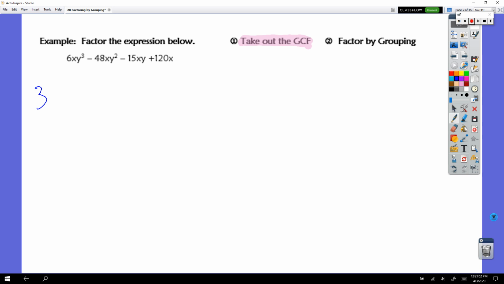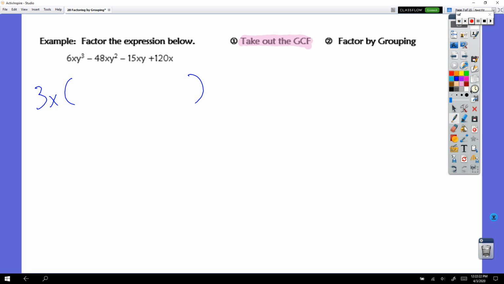So 6 can be divided by 3, 48 can be divided by 3, 15 can be divided by 3, and 120 can also be divided by 3. So I've thought about the coefficients. Now I'm going to look at the letters. Do you guys notice that there is an x in every single term? Okay, great. So that means that we can take out an x also. So we're going to start off by factoring out a GCF.